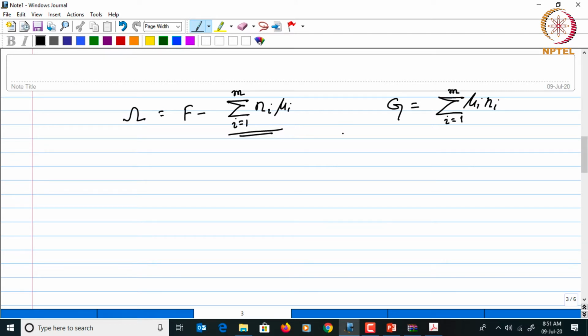Okay, so that's how you have omega equals F minus G.